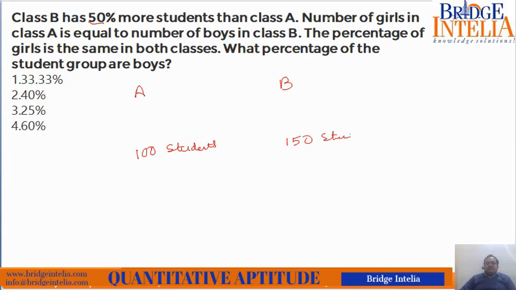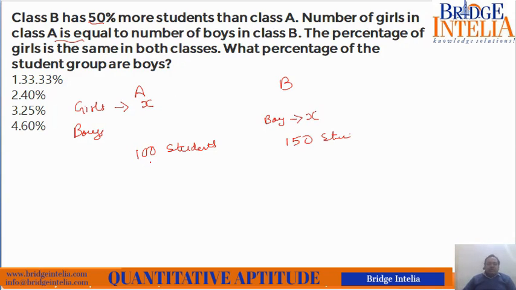What is given? Number of girls in class A is equal to number of boys in class B. So these two numbers are equal.